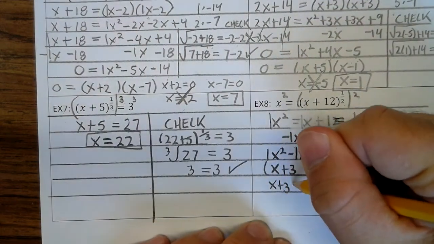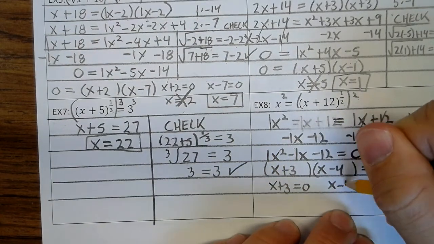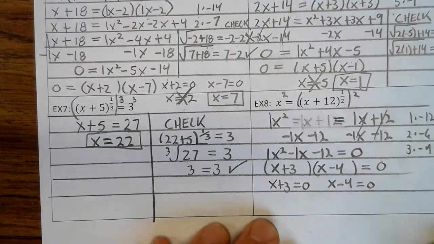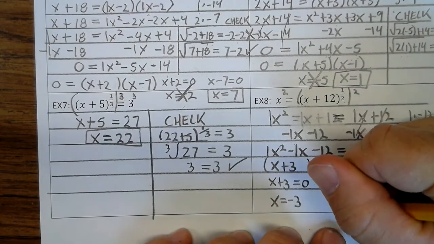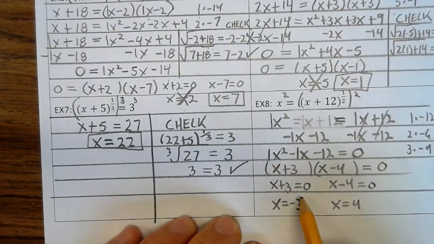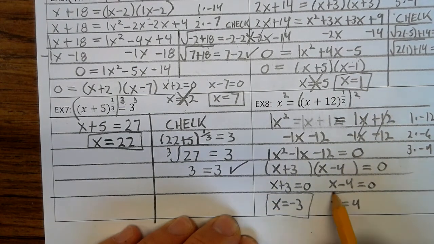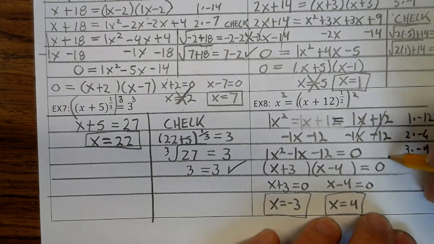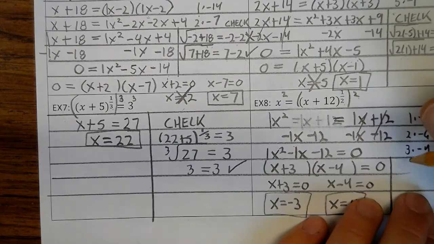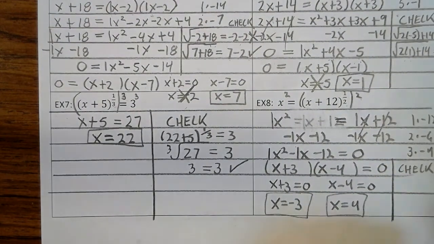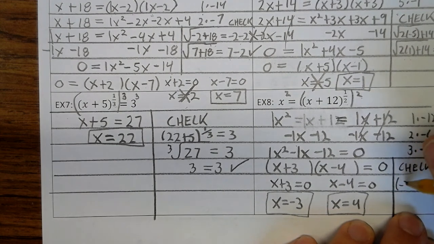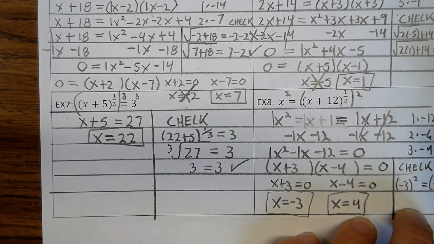Set x plus 3 equal to 0, x minus 4 equal to 0. So x equals negative 3 and x equals 4. All right, and then we need to check. So to check, we know that we have negative 3 squared equals negative 3 plus 12 to the 1/2.